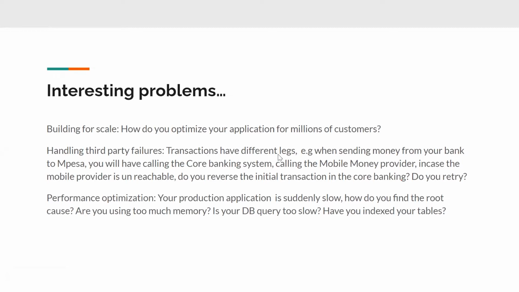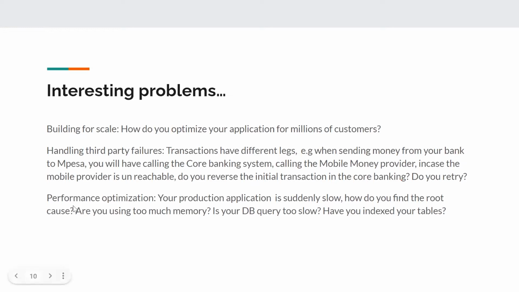E.g., when you are sending money from your bank to M-Pesa, you'll have to call the core banking. Then after success, you'll have to call the mobile money provider. In case the mobile money provider fails, you'll have to ask yourself some questions. Do you reverse the initial transaction in the core banking? Do you retry? Depending sometimes on the business requirements, you'll have to handle these different scenarios.